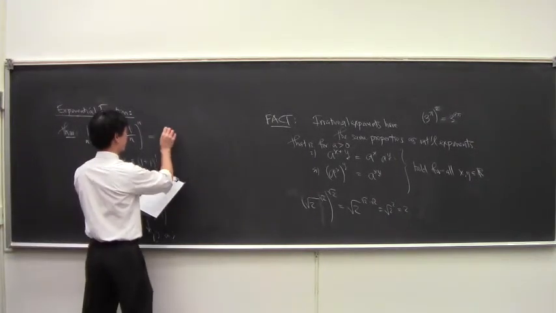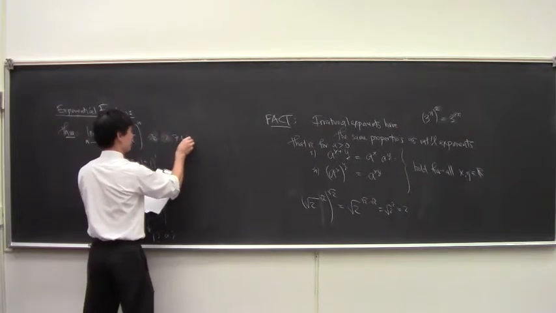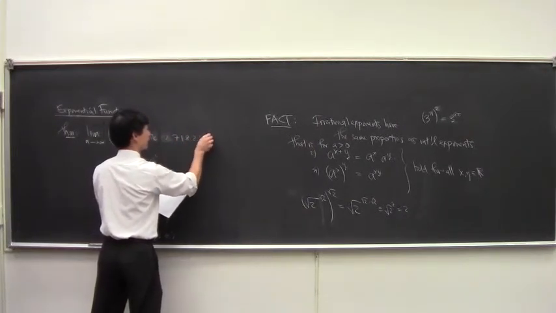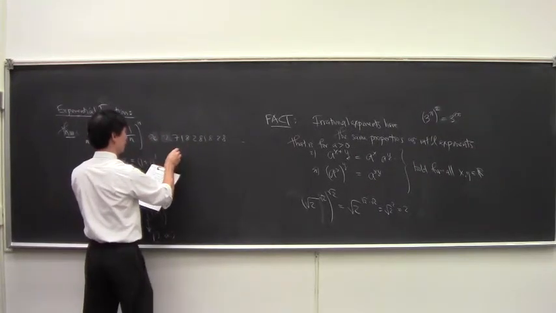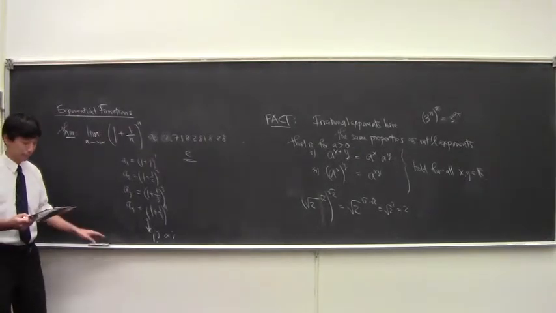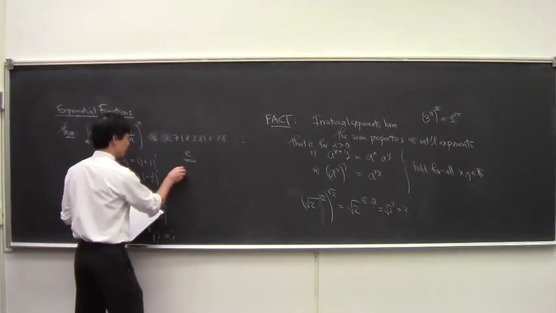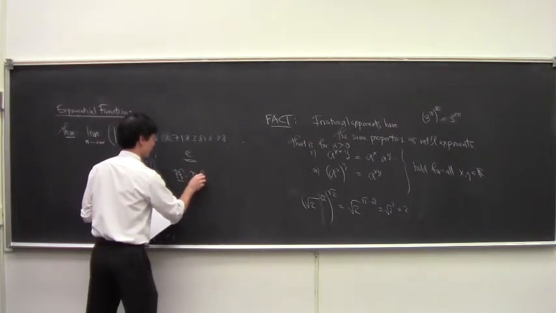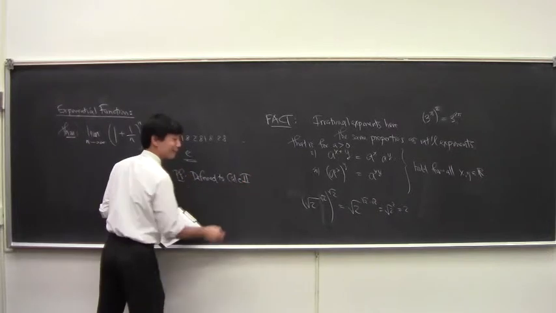It turns out to be close to 2.71828, something. And this number is given a name. It's called e. The proof of this, we'll have to defer to calculus, the next class.